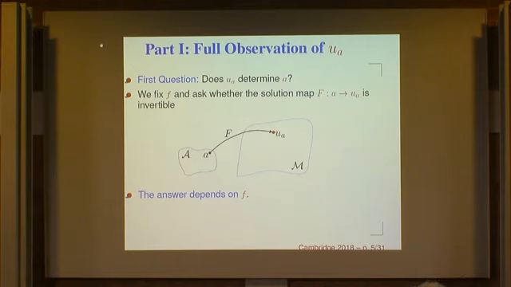So, remember my first question was, can I determine A from knowledge about the image UA? So I have this forward map that takes my parameter, maps it into the solution UA. I observe UA, can I determine A? Well, that's the question.